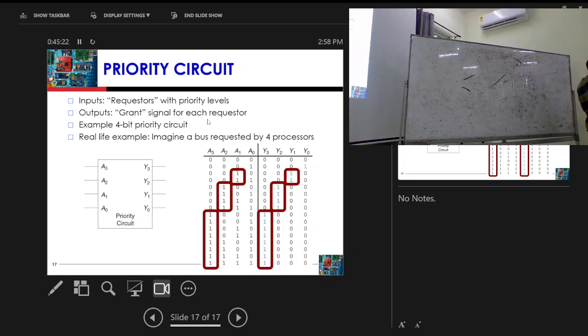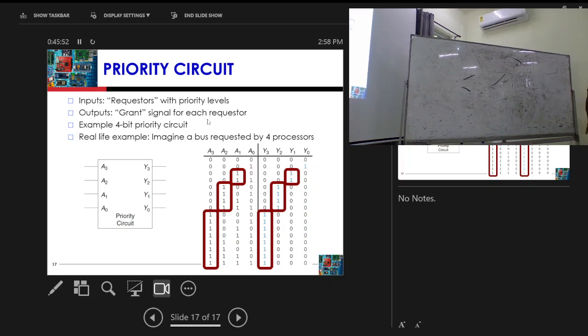So who can draw the truth table of this one, the circuit using AND gates or OR gates or whatever? What we are studying is using logic gates to design these circuits. I give you a truth table and tell you to use logic gates to draw the schematic of the truth table.